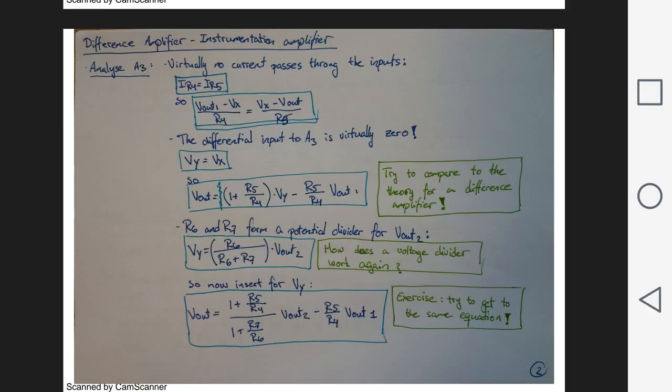Continuing with the definition of the output voltage of this stage, we end up with the gain of the non-inverting input times the potential at node Y minus the gain of the inverting input times the output voltage of A1 gives the output voltage.